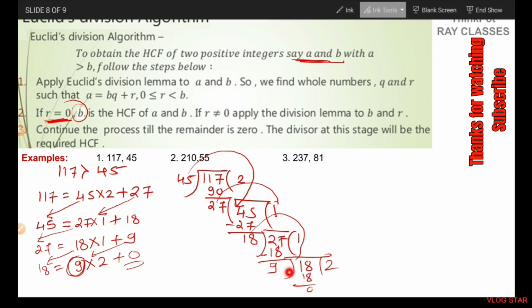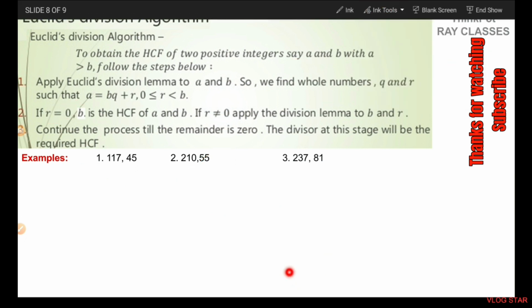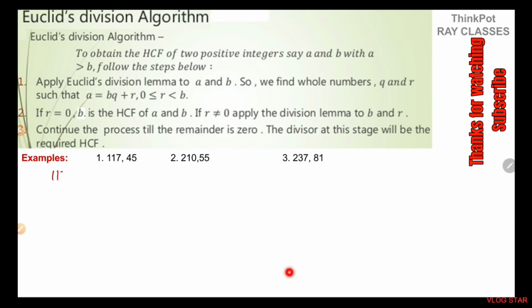So in the simplest form, how can we write it? We can say 117 is equal to 45 into 2 plus the remainder, 27. So you can take 45 as a dividend and your divisor comes here. 45 equals 27 into 1 plus remainder 18. Then we can take 27 here.